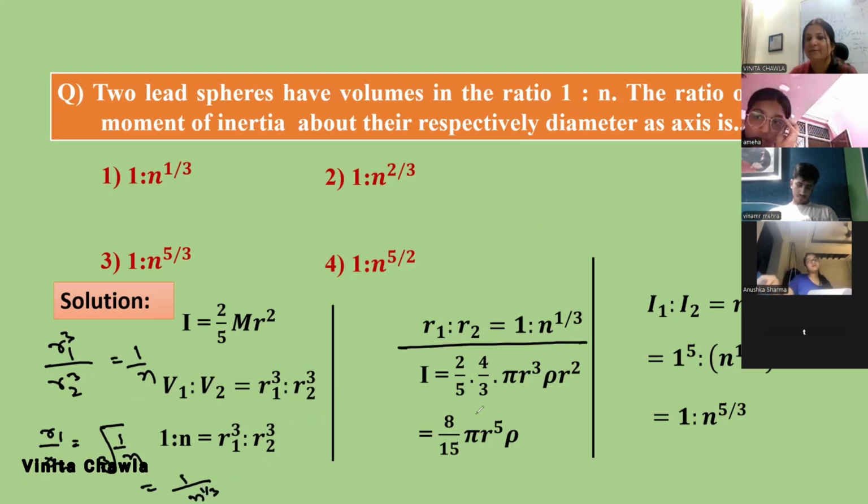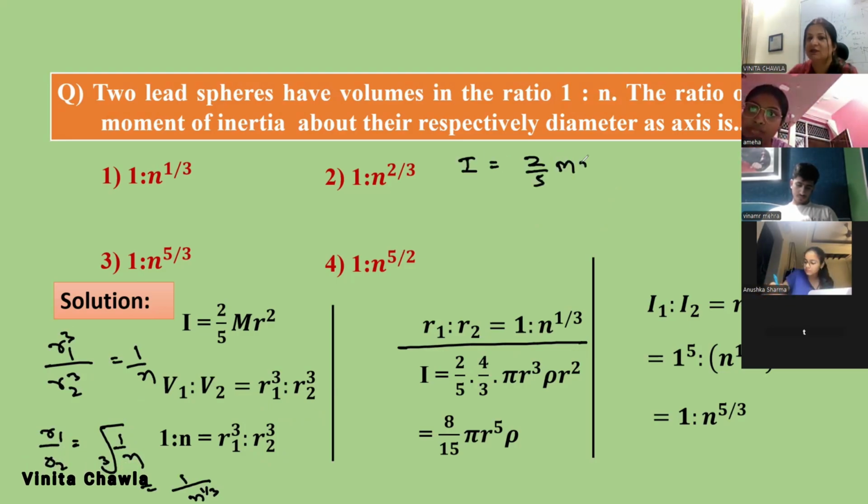ठीक है? Now, how do we write moment of inertia for a solid sphere? It's 2 by 5 mr square. This is how we write for a sphere, and this mass can be written as volume into density. So it's 2 by 5, and for mass we can write volume into density 4 by 3 pi r cube into density and small r square. Yes.